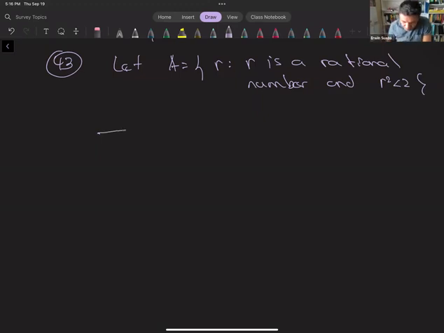Avoiding talking about the square root, what we're saying is that we're considering A, all the rational numbers that are less than the square root of 2. So this is the set.